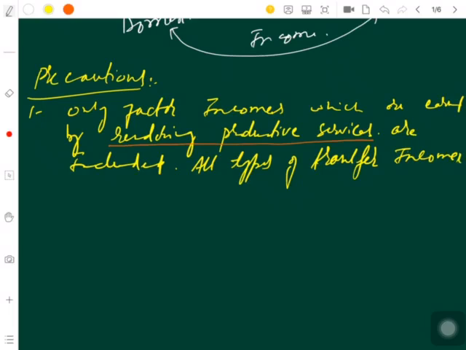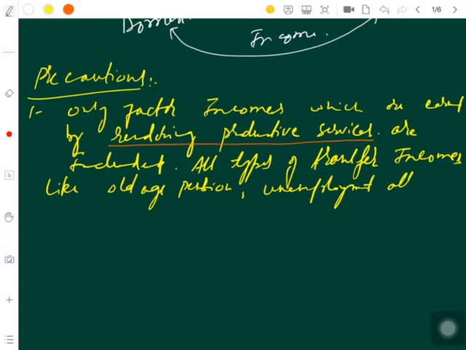Transfer incomes like old age pension, which is given to the old age people without rendering any productive service. Unemployment allowances given by the government to unemployed youth without doing any work or rendering any productive service, etc.